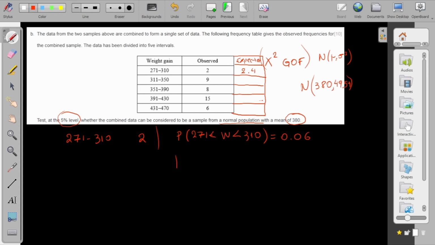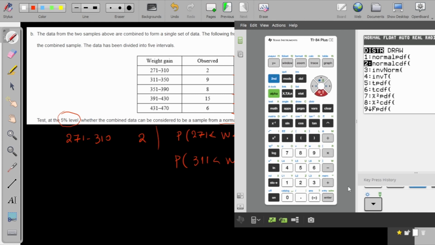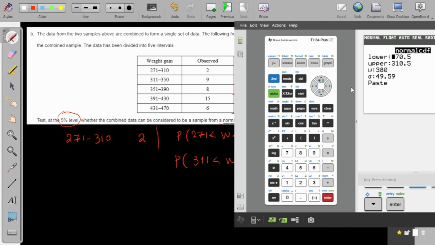Now for the next one, the probability of getting 311 up to 350, how much is it? Again, calculator, second distribution, CDF. Now my lower boundary should be 310.5 and my upper will be 350.5.